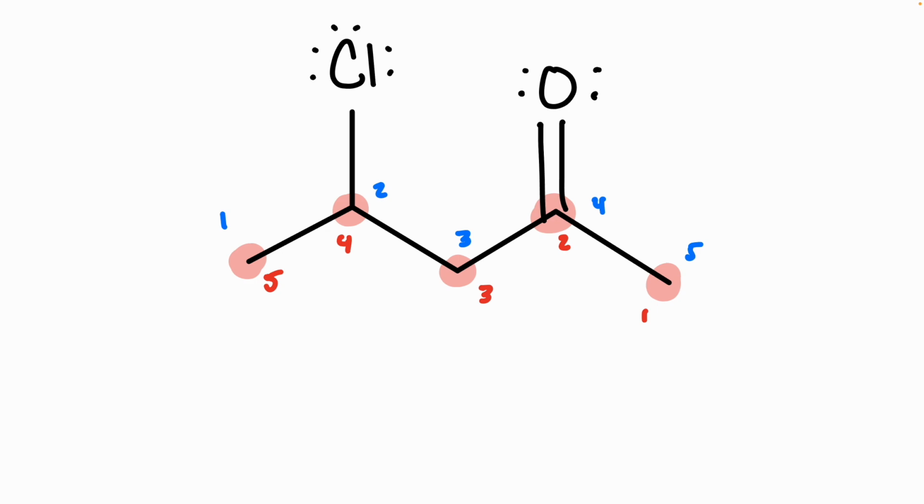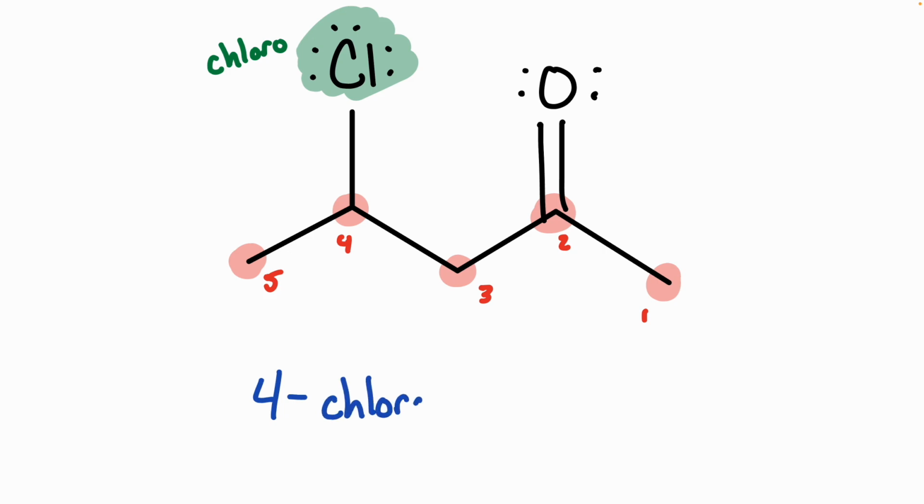Because we're going to prioritize our functional group. So I don't care about that chloro group. I only want my carbonyl to have the lowest possible number. I guess we can just note this would be a chloro group. All right, when I put my name together, we always put those substituents out front. So this would be 4-chloro-2-pentanone.